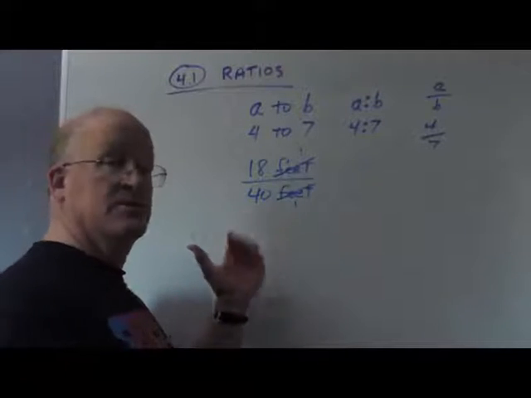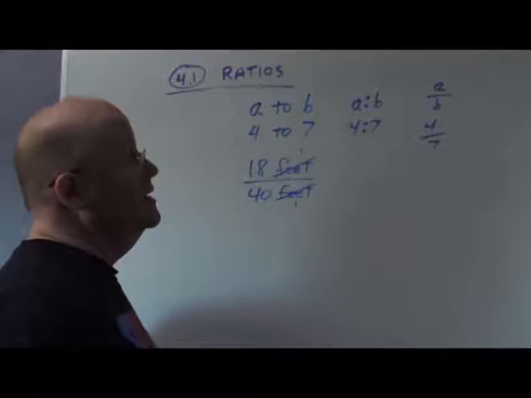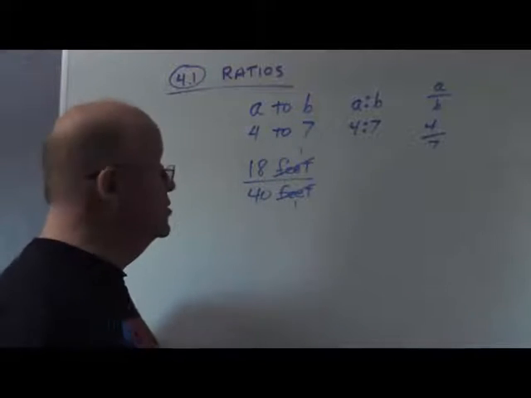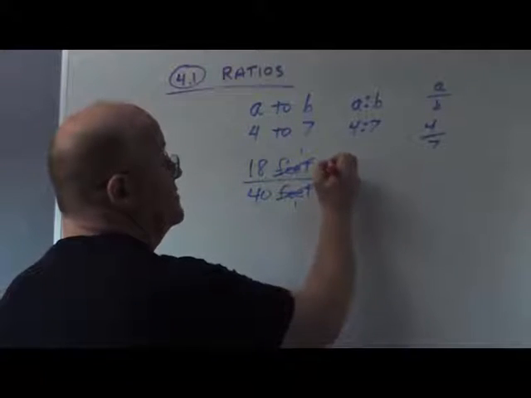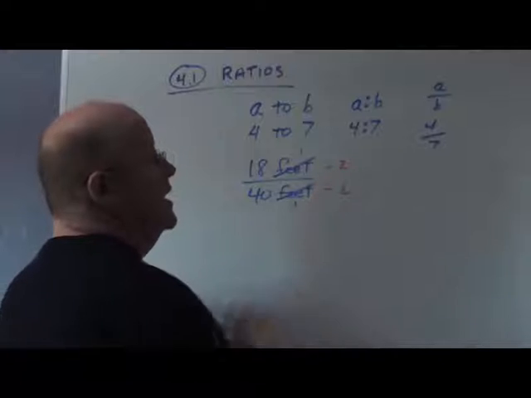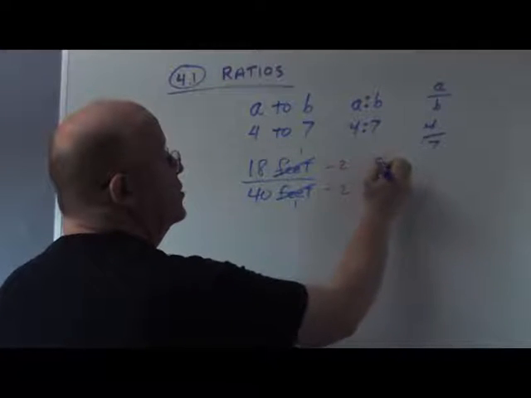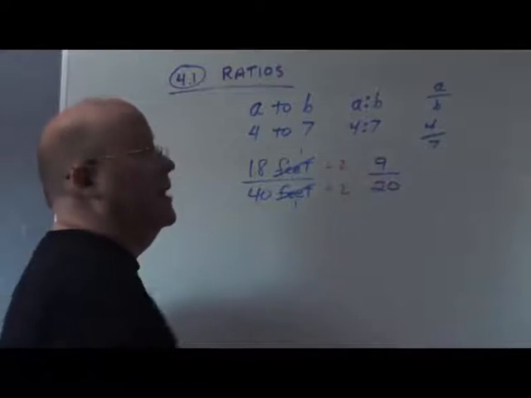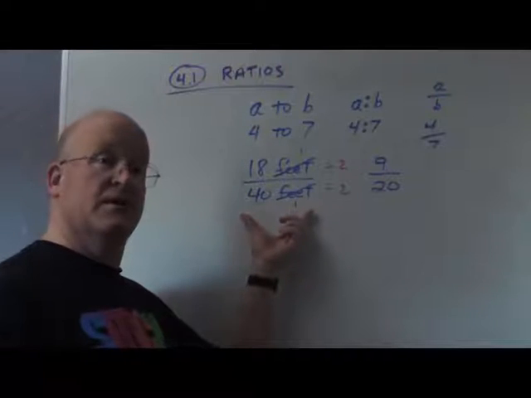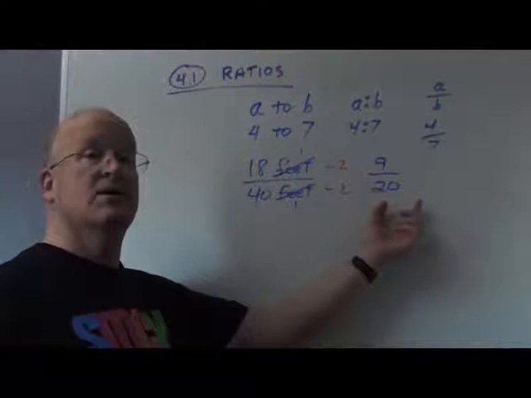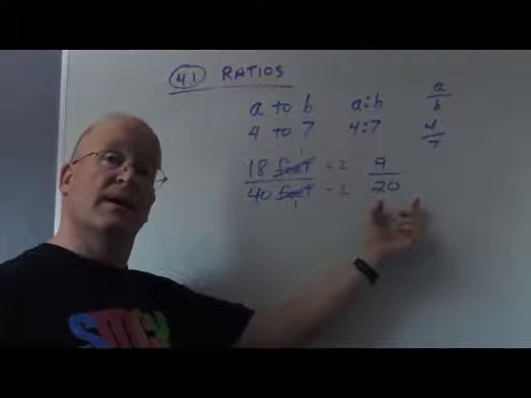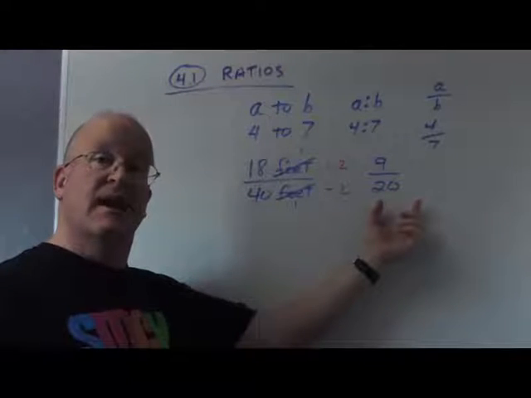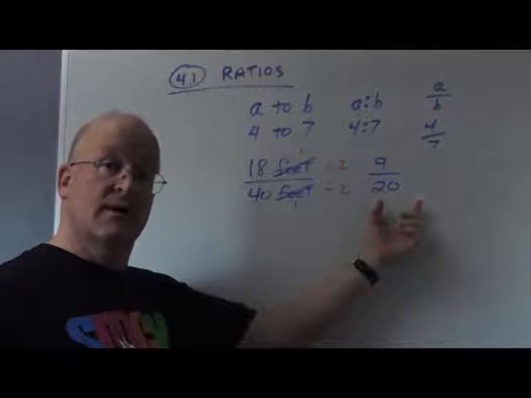We are going to reduce the 18 over 40. Each of them can be divided by 2, so let's do that. Divide by 2 over 2 and get 9 over 20. So 18 feet to 40 feet can be reduced to the ratio 9 over 20, which doesn't even need to have units attached to it.